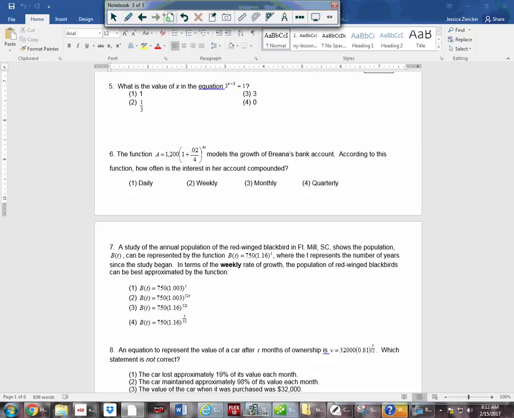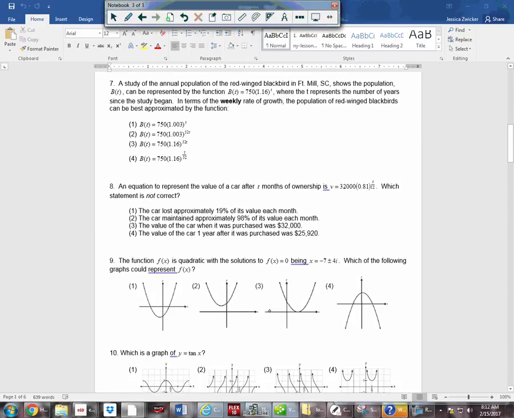The next frequently missed problem was number 7. A study of the annual population of the red-winged blackbird shows the population can be represented by this. Now, an annual population is represented by b of t, so the annual growth rate is 1.16 to the t power.